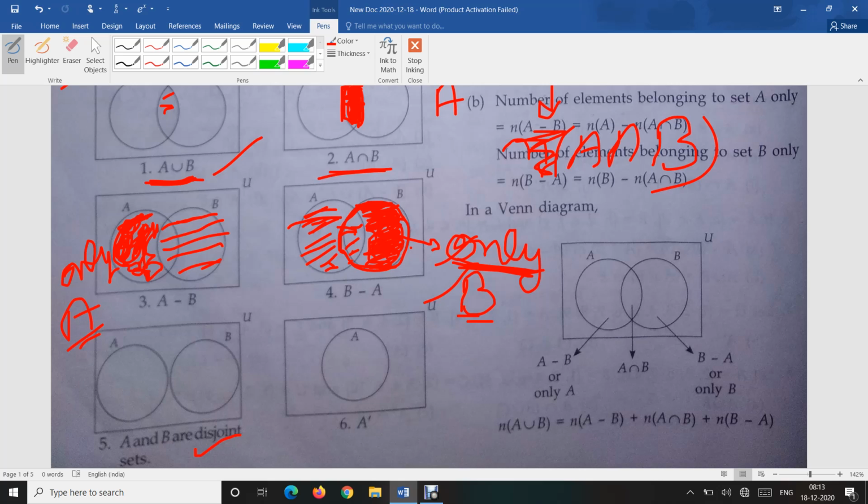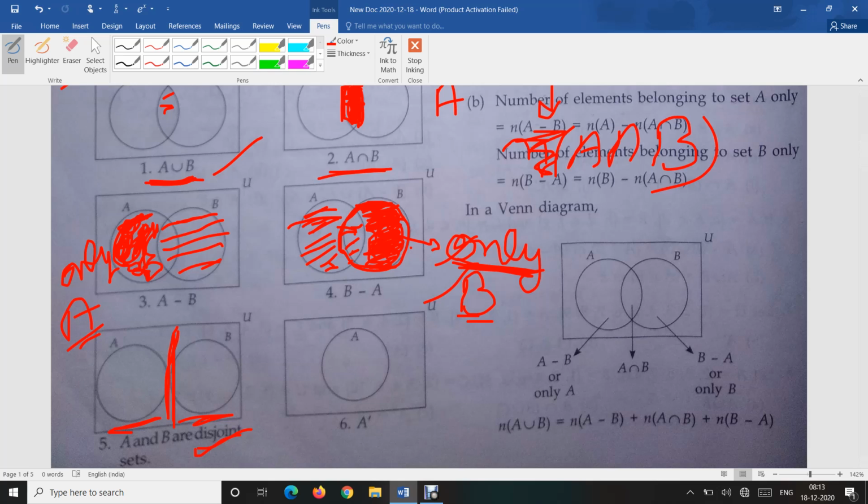That means we can segregate both the sets A and B. This is the set A and this is the set B. You can see there is no common portion between these two sets. That's why we can say that these are the disjoint sets, meaning these are separated sets.